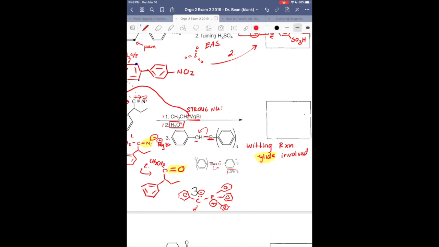So like if you went like this, let's erase. What you're doing is you take the double bond right here, and you smush it to the double bond of the carbonyl.